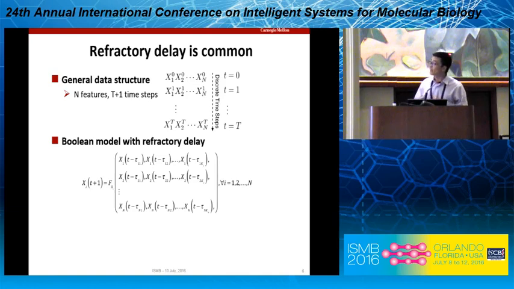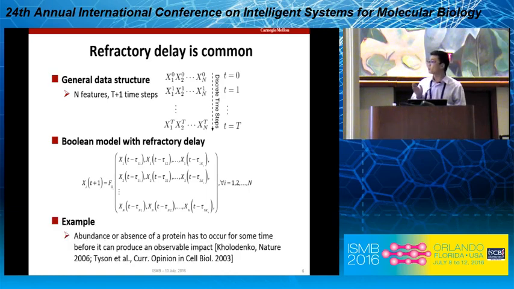The reason why refractory delay is important is that in many biological systems, some features can have a delayed effect on others. For example, the abundance or absence of a protein has to occur for some time before it can produce an observable effect.